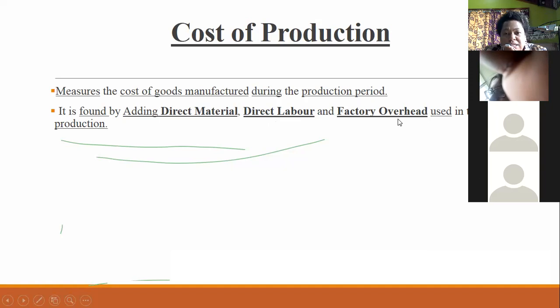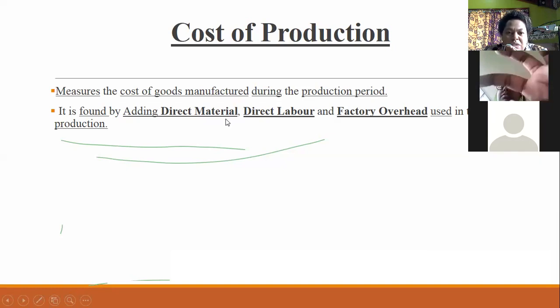We will come to that in detail. What I'm trying to say is we do not have only 3 entries in the manufacturing statement. If we have only 3 entries, then we just end up with 2 marks preparing a manufacturing statement. There is more into direct material, direct labor, and factory overhead, but these are the three major costs which make up the cost of production.